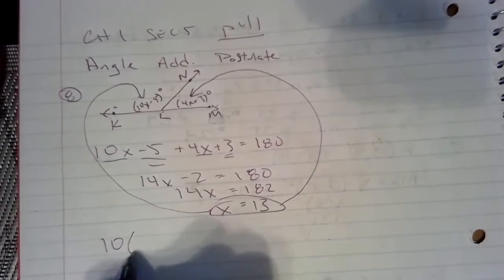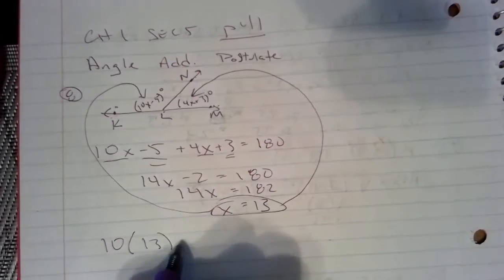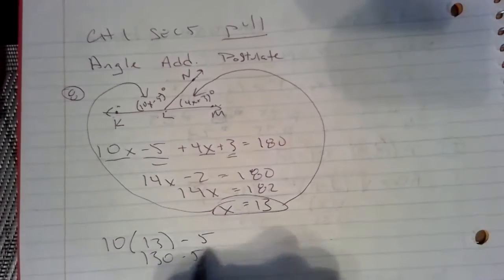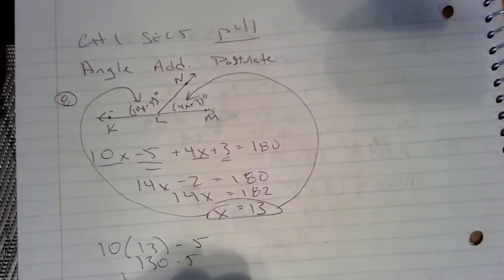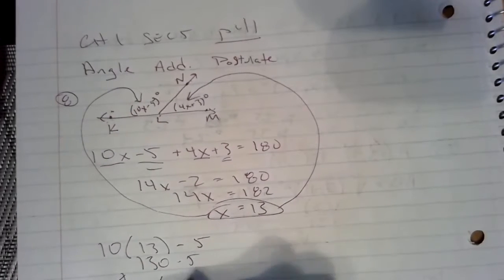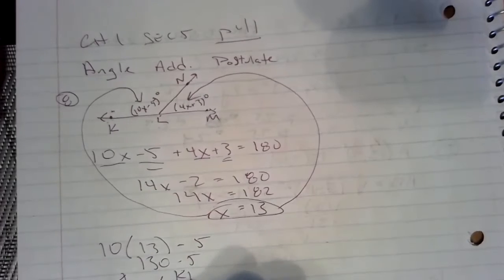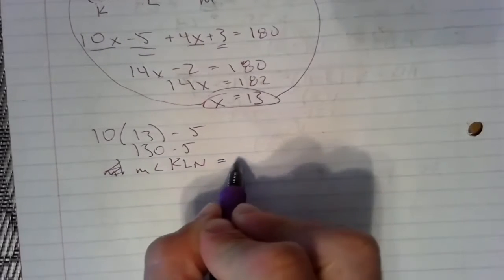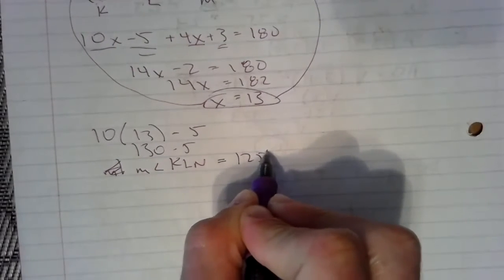So for the measure of angle KLN, we're going to do 10 times 13 minus 5, 130 minus 5. Let's write that correctly. I wish I was writing in pencil, but it doesn't come out well. The measure of angle KLN is equal to 125 degrees.